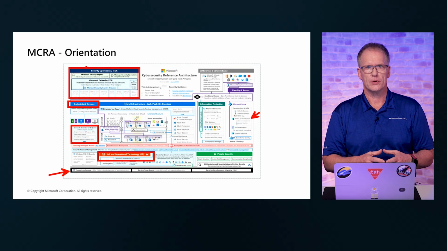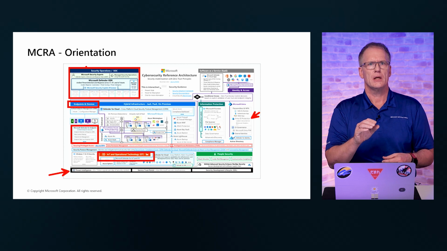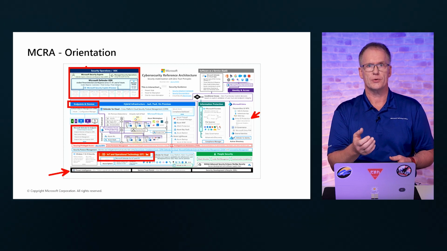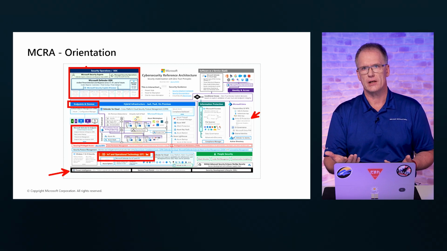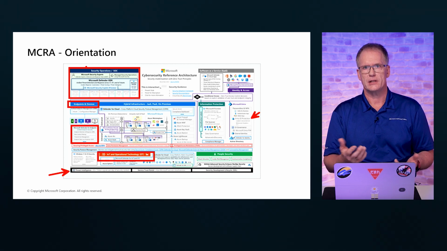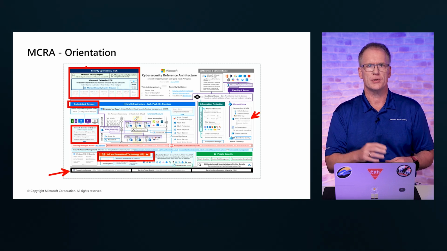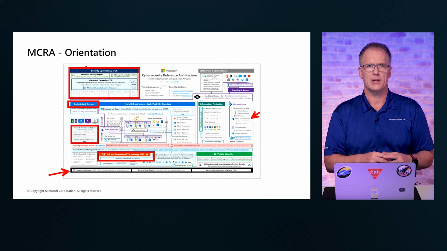Quick orientation based on the graphic from the MC array. I've highlighted areas of interest, endpoints as in servers, phones, laptops, but also as in operational technology and Internet of Things, IoT. Identity as in modern identity-based protocols such as SAML, WS Federation, and Open Authentication, but also legacy identities rooted in protocols such as Kerberos and NTLM.